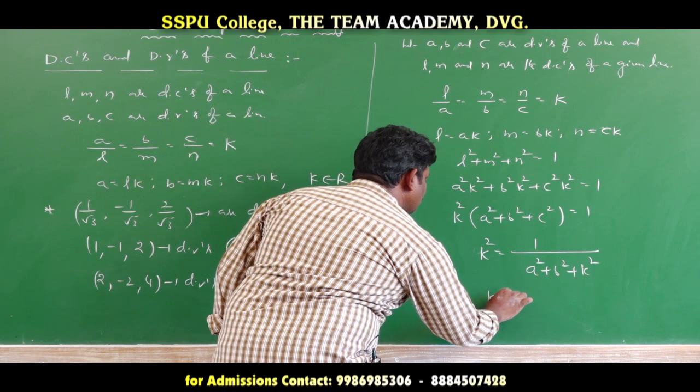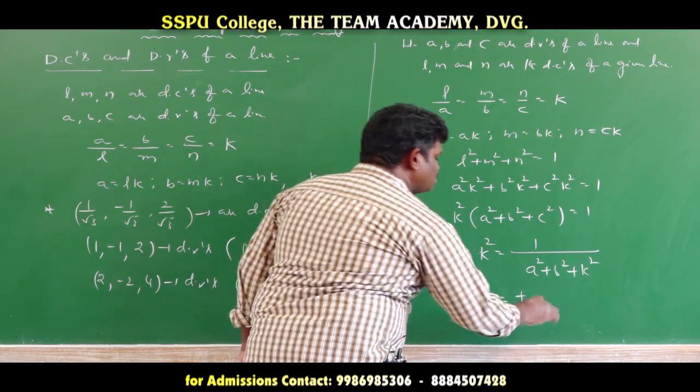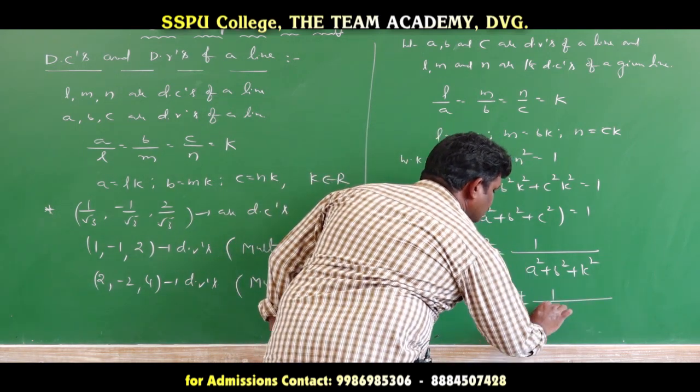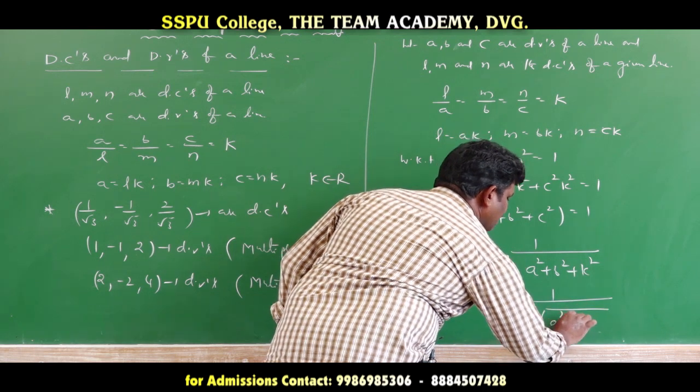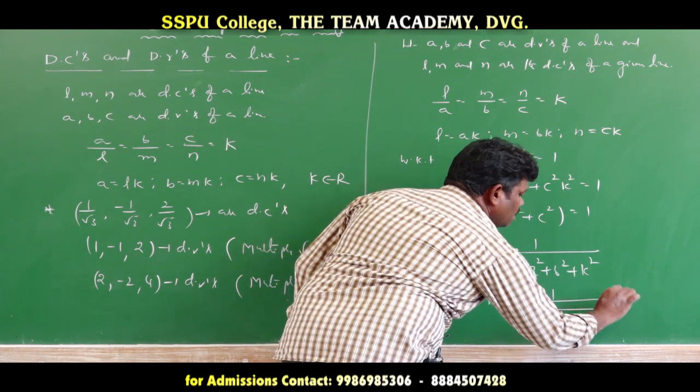Then finally k is equal to plus or minus 1 by square root of a square plus b square plus c square.